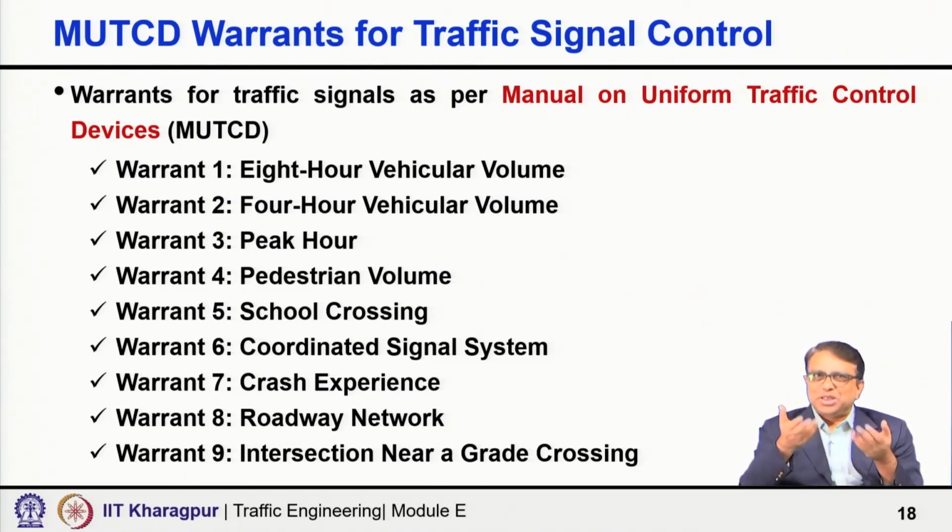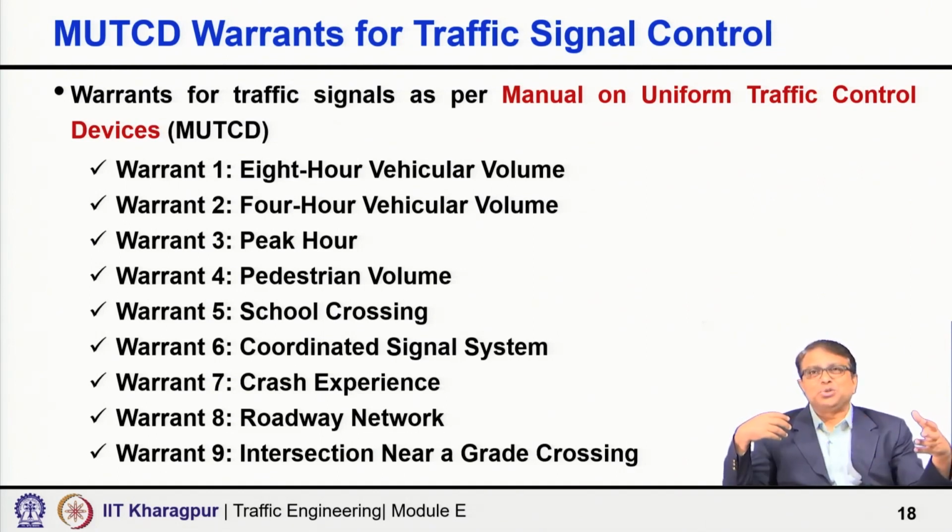Then also warrants based on pedestrian volume, based on school crossing, and based on the requirement of coordination of the signal system, because the platoons may be dispersing too much and you want to bring them together again. So, you install a signal.